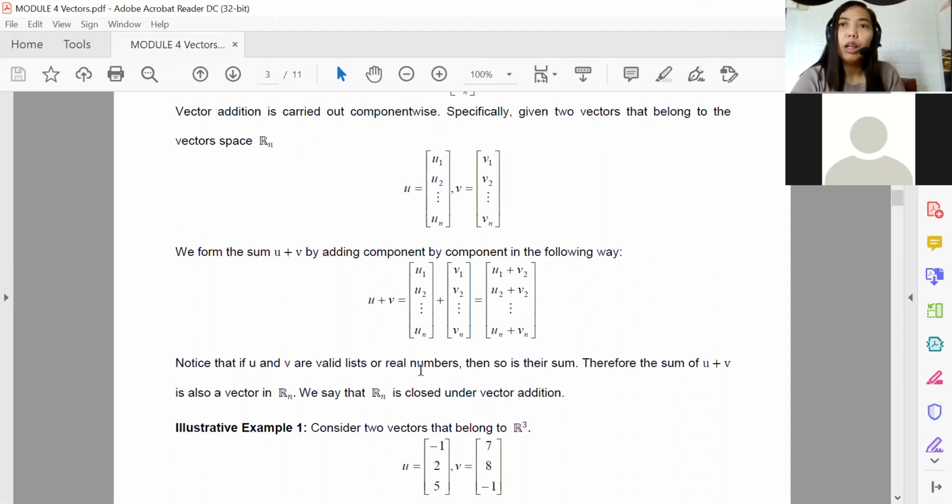It means that when we add two real numbers, the answer is also a real number. That is closure. Therefore, the sum u plus b is also a vector in Rn. When you add two real vectors, the answer is also a real vector. That is closed under vector addition.